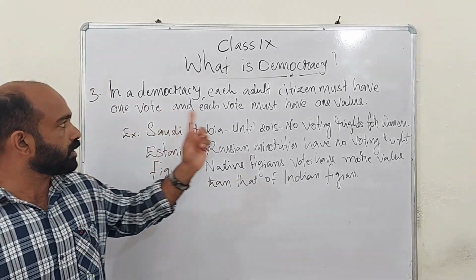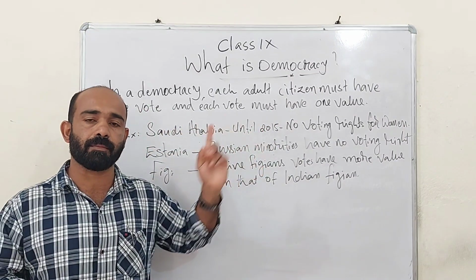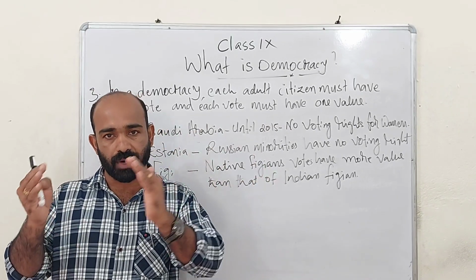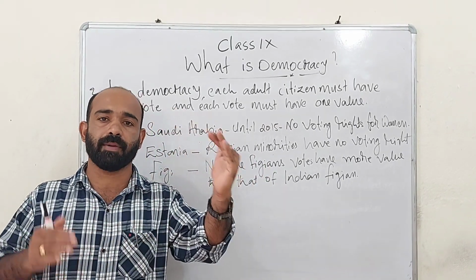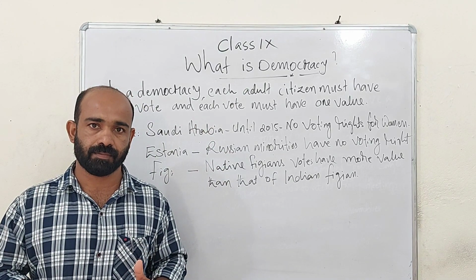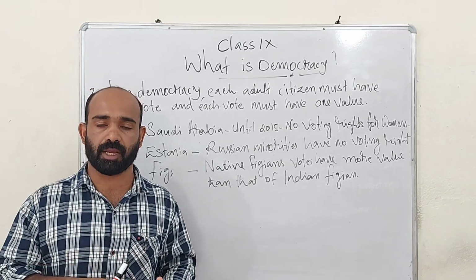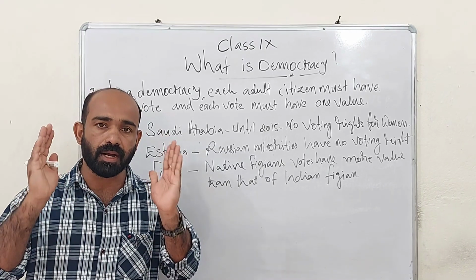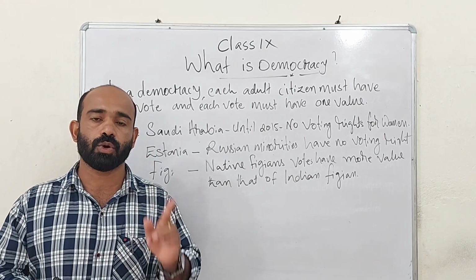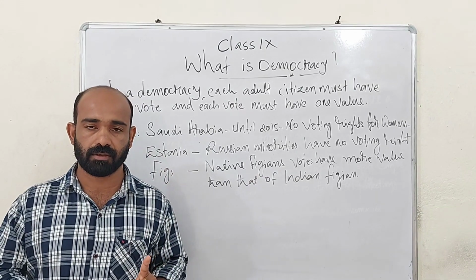In a democracy, each adult citizen must have one vote, and each vote must have the same value. In a country, upper class people will be there, lower class people, rich, poor, men, women, different religious people, different language speakers. But all the adult people of a nation should have only one vote. That means one vote each.